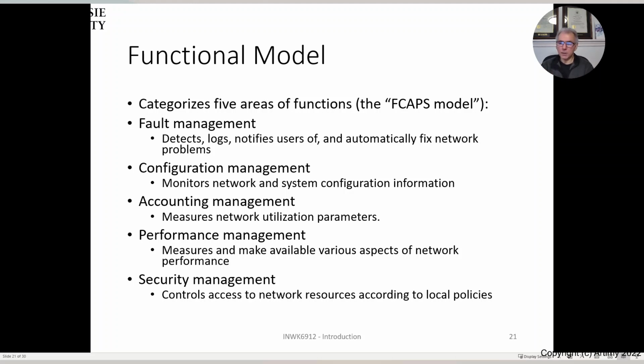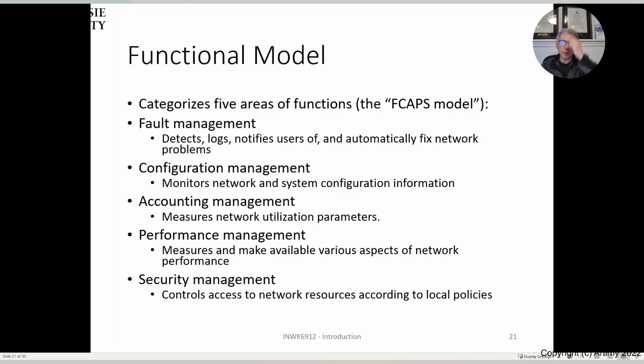And I always tell students, you have to memorize these, right? You have to memorize this, and if I am interviewing you for a network management position, I will be asking you to tell me about these functional areas.